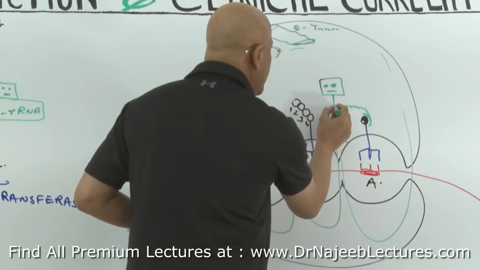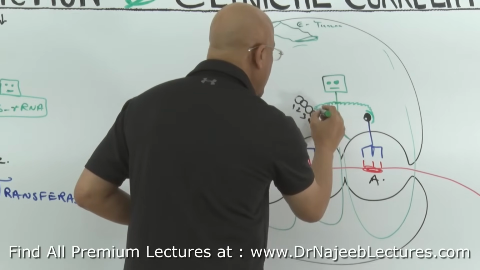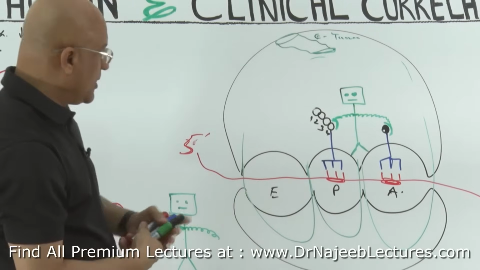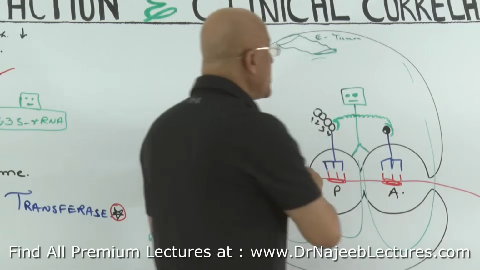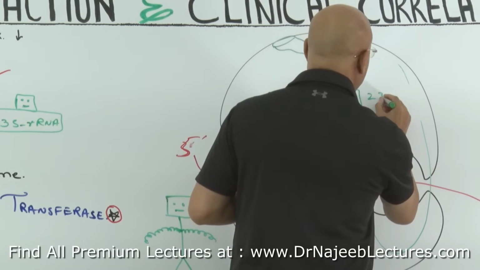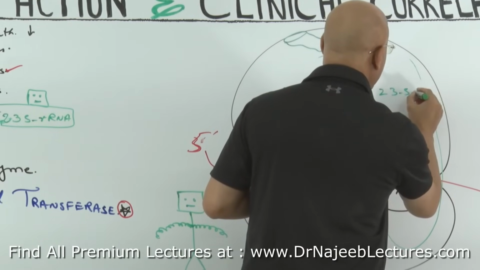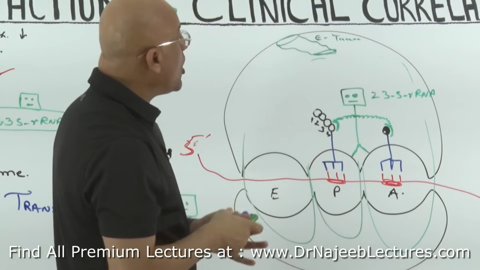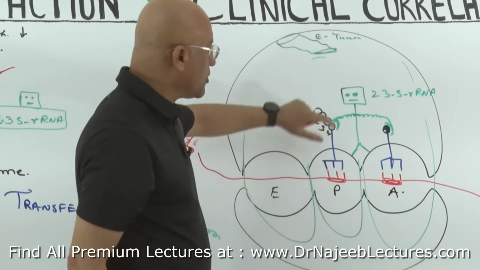The other functional domain is working on the short peptide chain. Now this is our 23S ribosomal RNA, or ribozyme, or peptidyl transferase. How is it working?